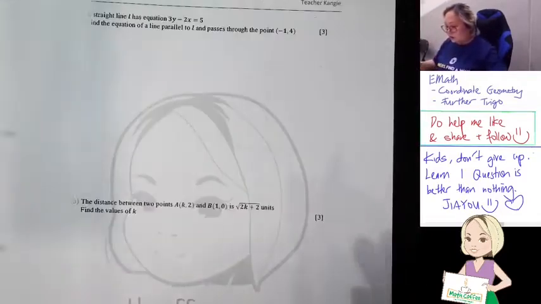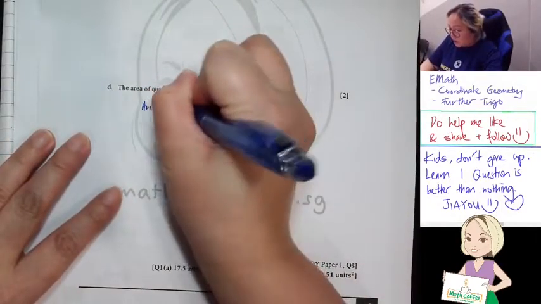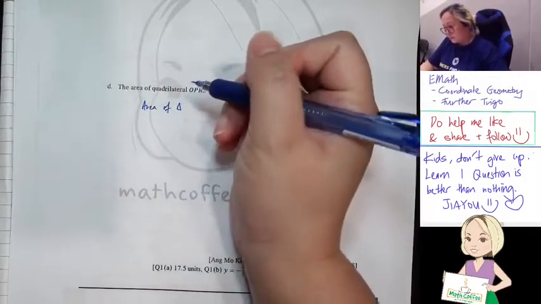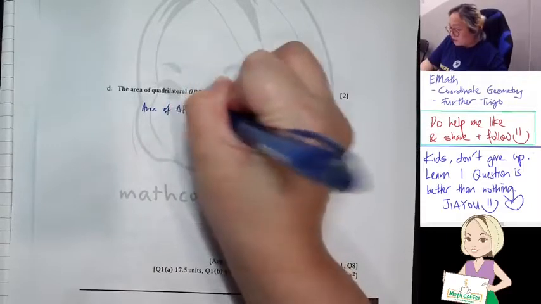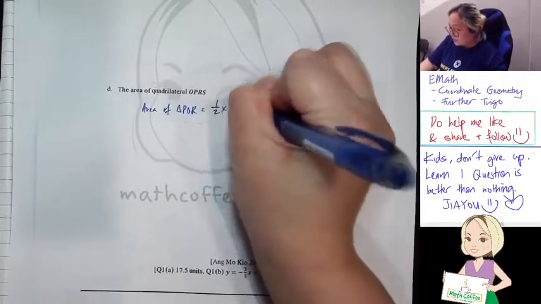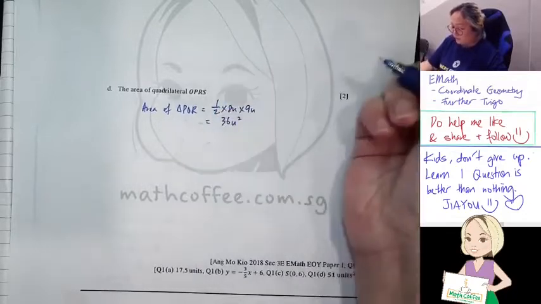So I'm going to write over here, area of triangle POR is half times 8 units times 9 units. That will give you 36 units square.